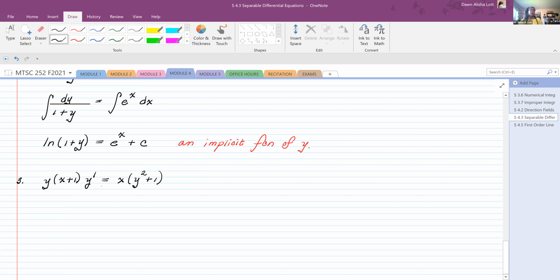Now, don't let the y prime trip you up. That is still dy/dx. So I have y times (x plus 1) dy/dx is equal to x times (y squared plus 1).